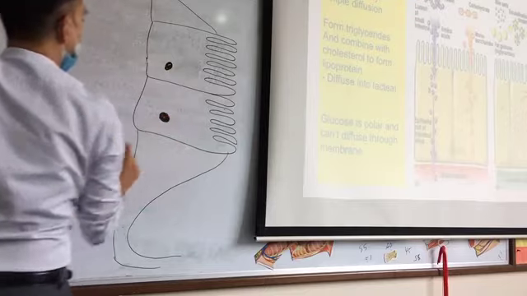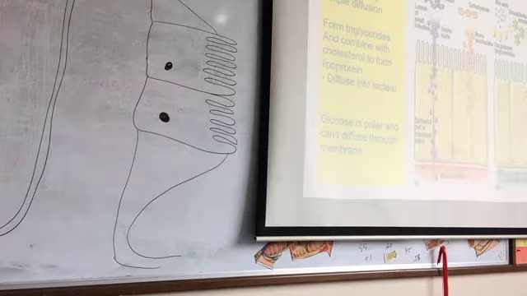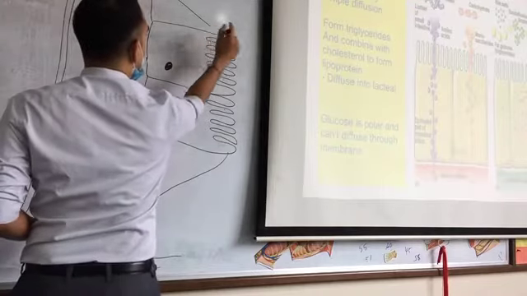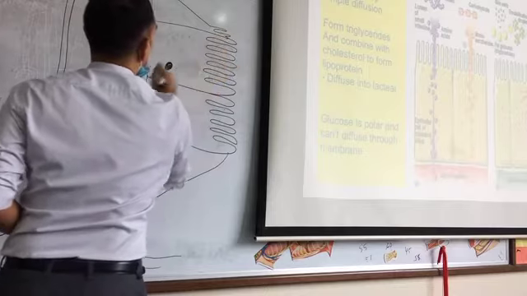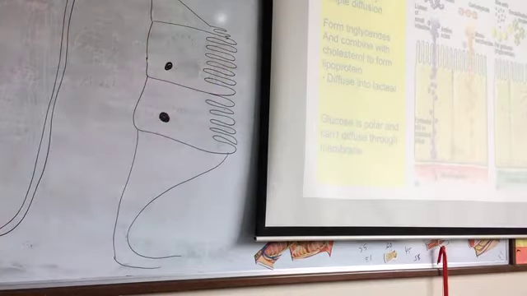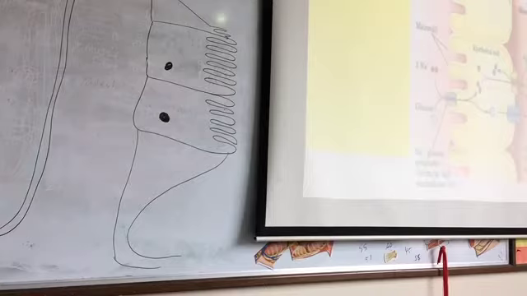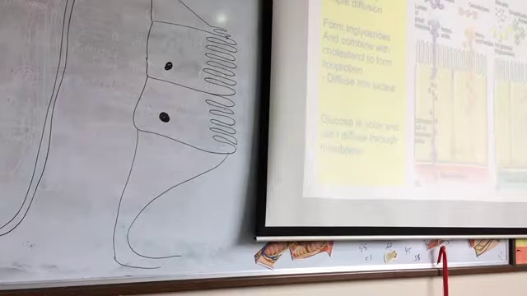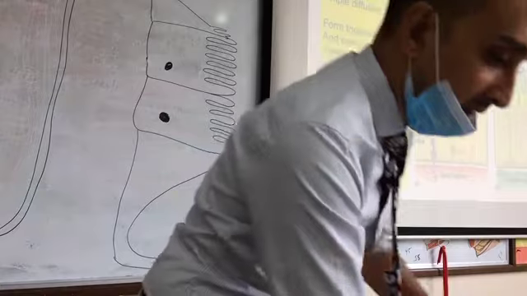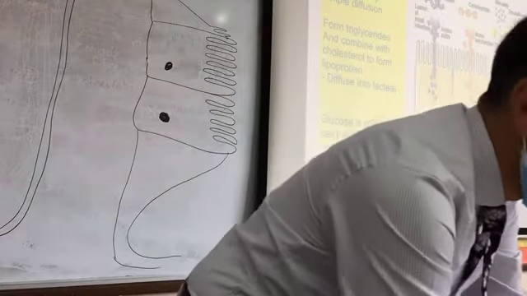We're looking at the edge of the cells. I'm not going to get too carried away. Go ahead and draw. I'll give you a couple seconds to sketch that out, and then we'll start into how glucose actually moves into the cell.